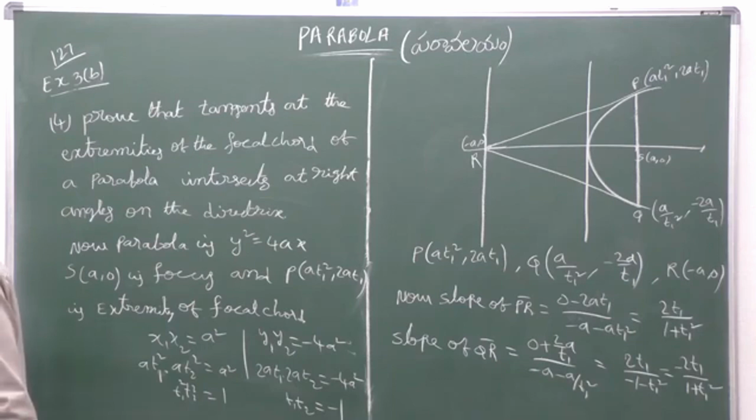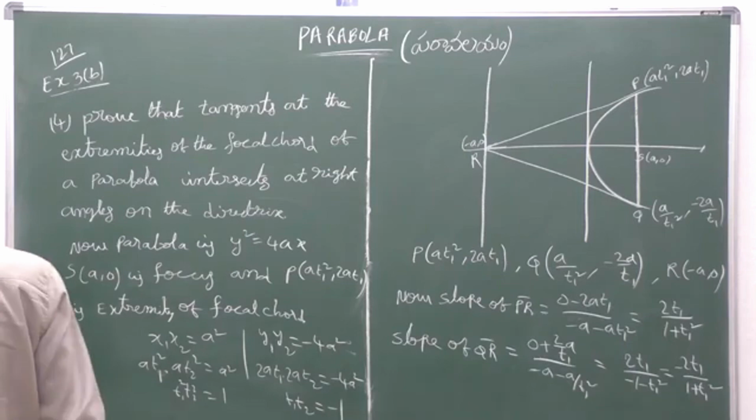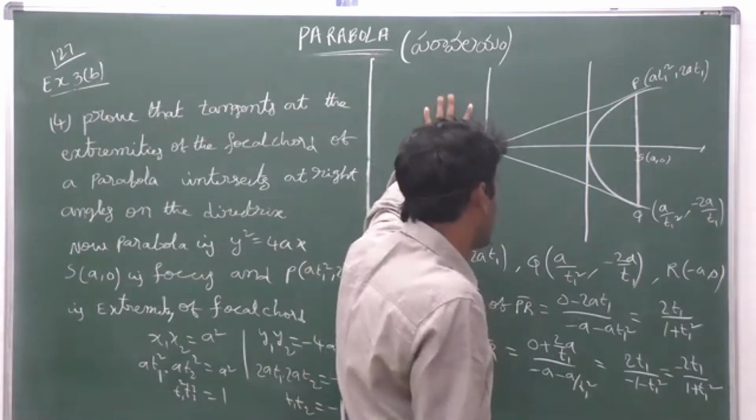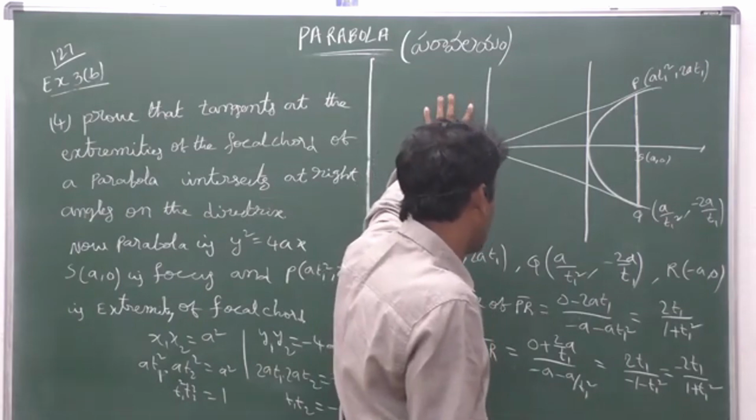prove that the tangents at the extremities of the focal chord of the parabola intersect at right angles on the directrix. The slope of this one into the slope of this one must be -1.